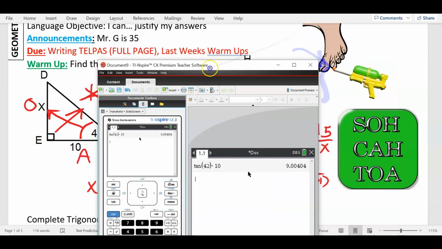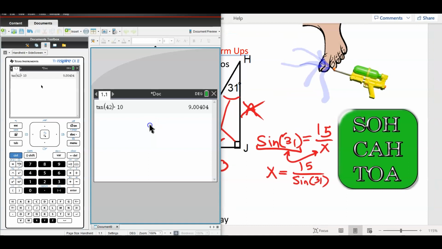Now you should be able to put that into your calculator. So let's try that. 15 divided by sine 31. If you can type it in like that, you can get your answer. And you just got to make sure you round to 2 decimal places, the hundredths place. Go ahead and do that.